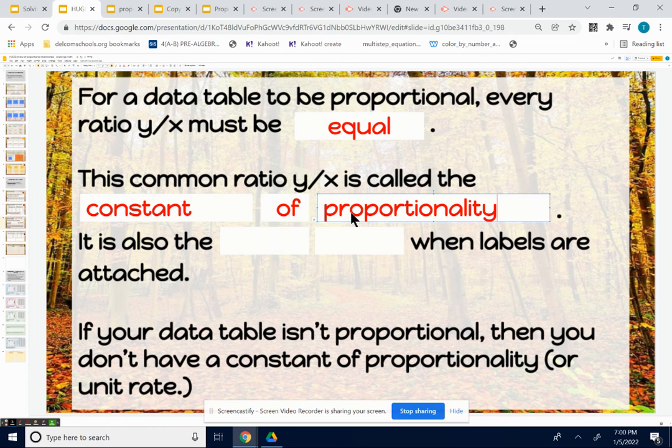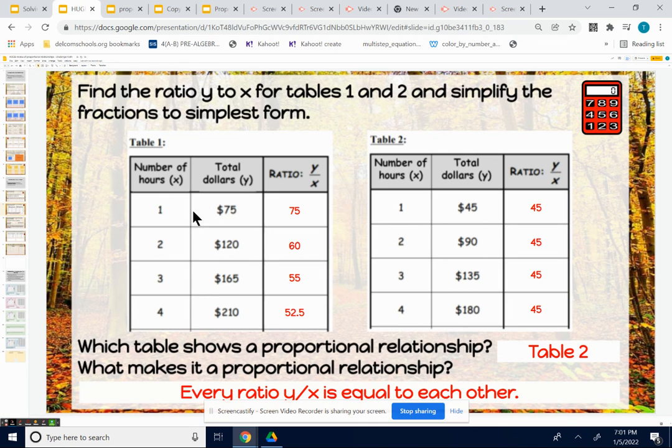It's also called the unit rate when labels are attached. I didn't write it down, but in that last problem, when we talked about 45 and 45 and 45 and 45, that was $45 per hour. That $45 per hour is a unit rate.